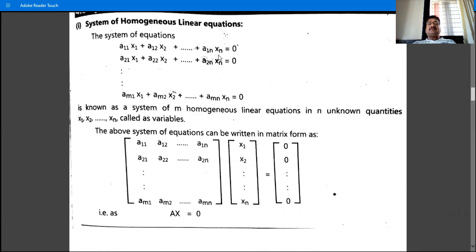So this is called the trivial solution. Every homogeneous system has at least one solution, namely x1 = 0, x2 = 0, xn = 0. Therefore the homogeneous system is always consistent; there is no case where a homogeneous system is inconsistent.